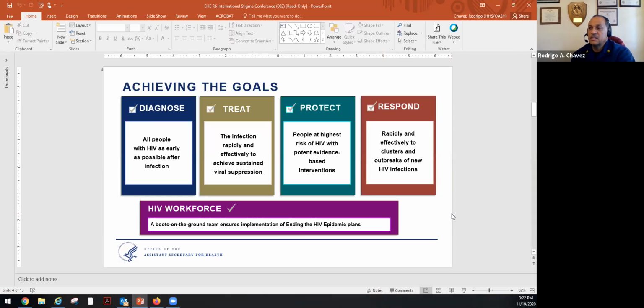So we have to simultaneously respond and keep frontlining the pandemic, and both pandemics, which becomes a syndemic, HIV and COVID, as well as STIs. So we have the workforce, we are the boots on the ground team, and we're ensuring that ending the HIV epidemic takes place.